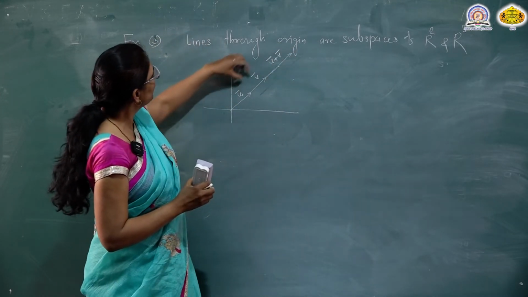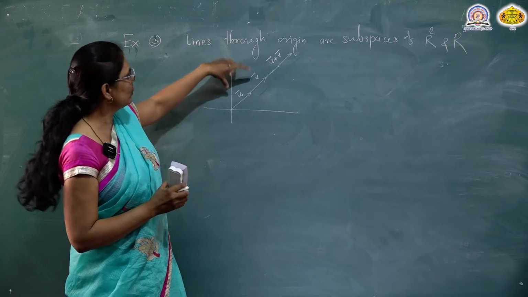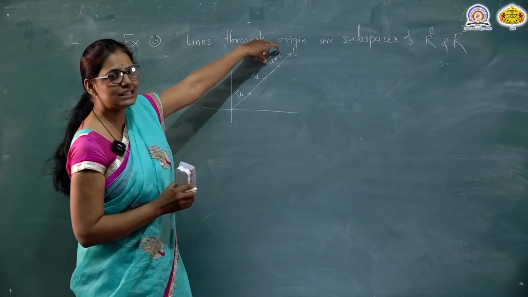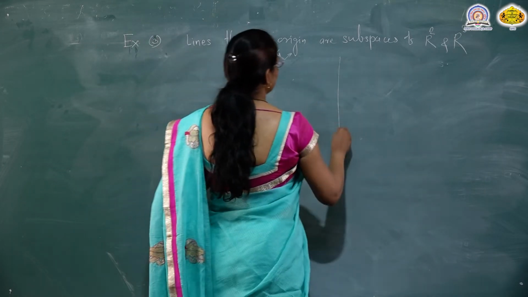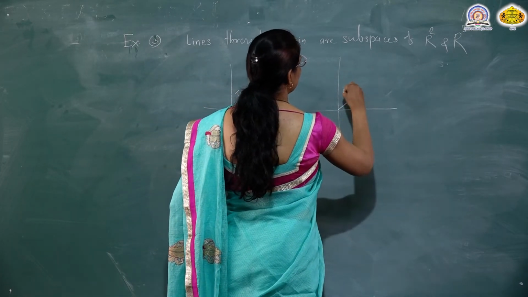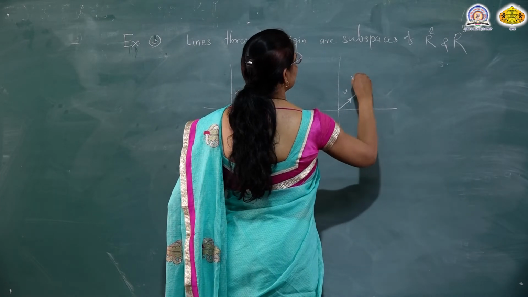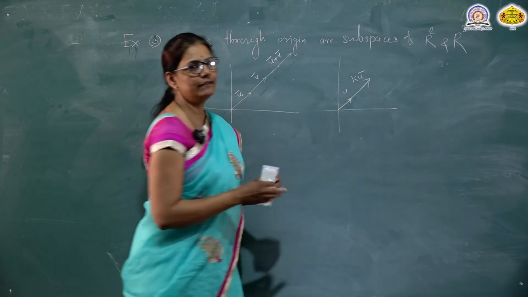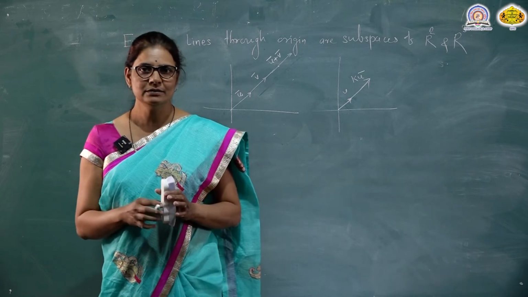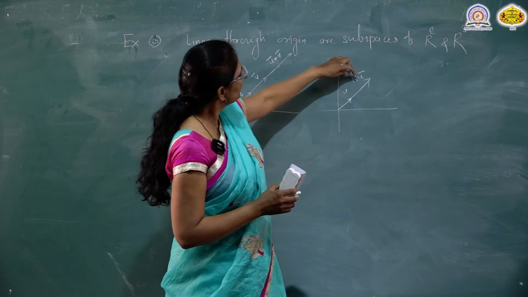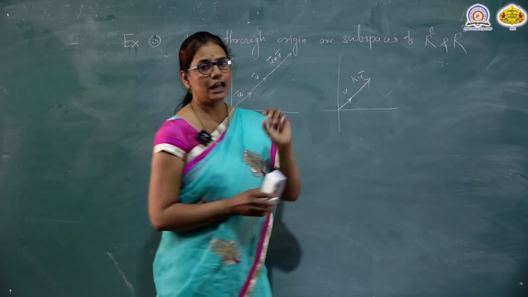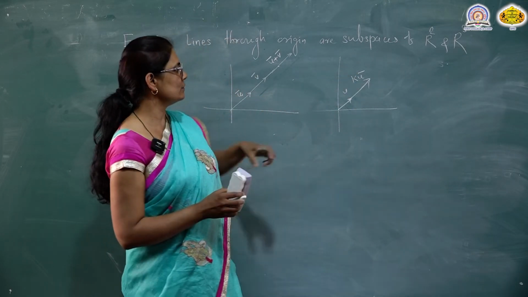So if u bar and v bar have the same direction, they lie on the same line, then their addition is again on the same line. For scalar multiplication, suppose this is u bar, then depending on the value of k, whether it is greater than 1 or less than 1, its position changes, but it lies on the same straight line.